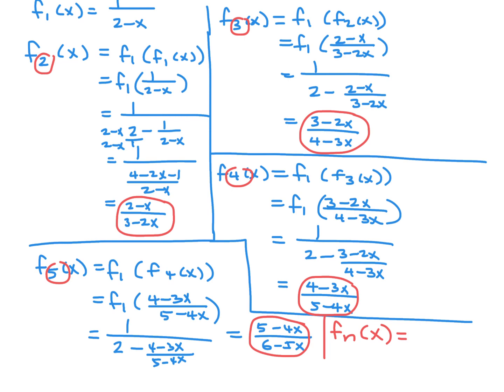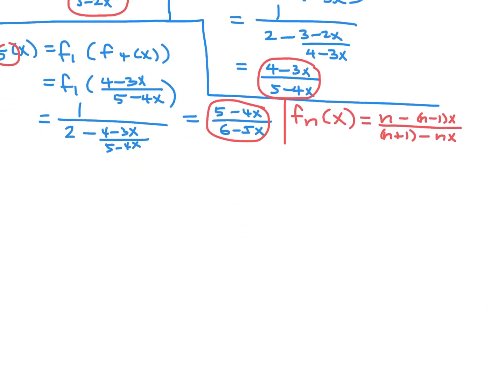It would be n minus 1 x over n plus 1 minus nx. I think that is correct.